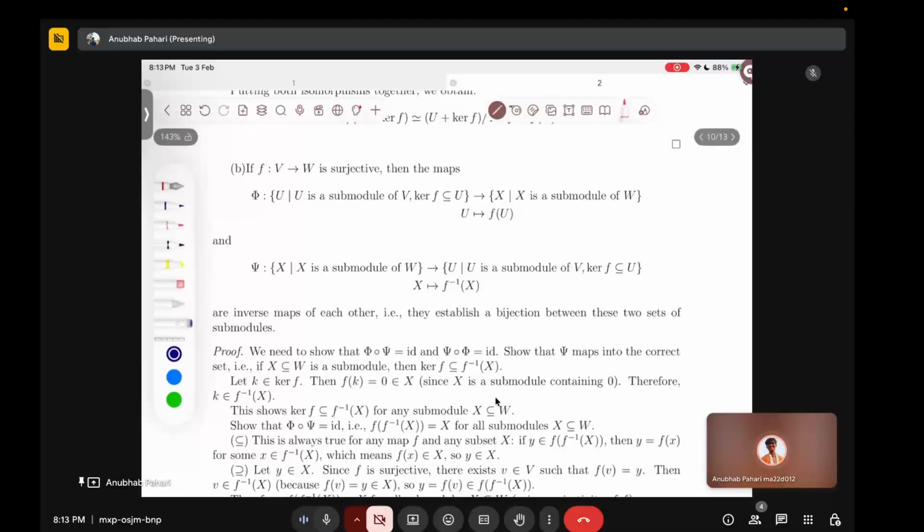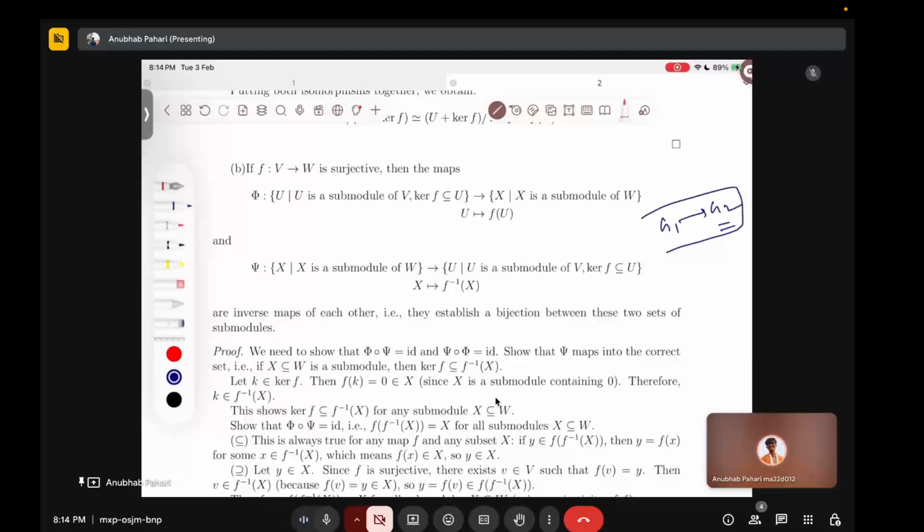You have studied this earlier, that if f is a surjective morphism, then all the subgroups in G2 have a one-to-one correspondence with all the subgroups of G1 containing the kernel.